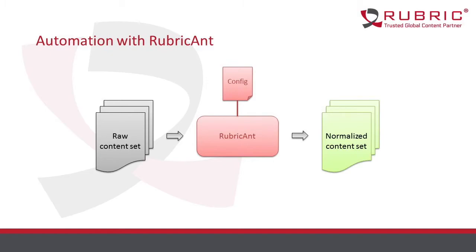So this is used to make the content more consumable by downstream platforms, and it's often used to introduce custom formatting or special encoding rules before the content gets reintegrated into the destination platform.